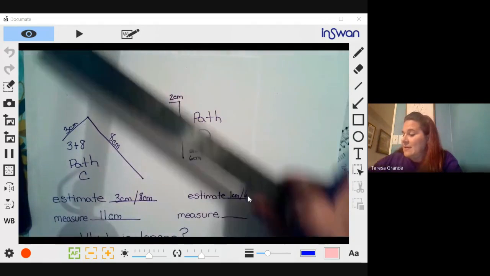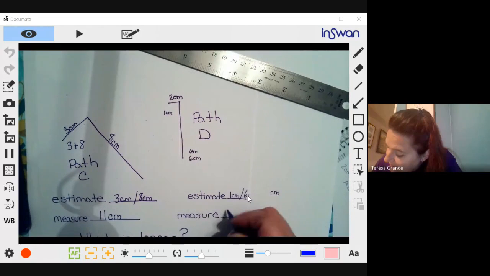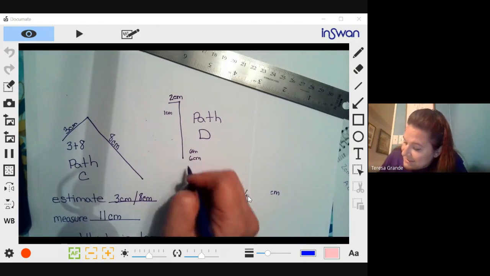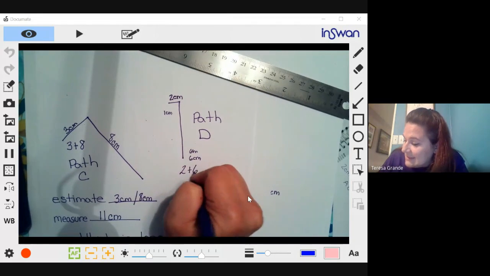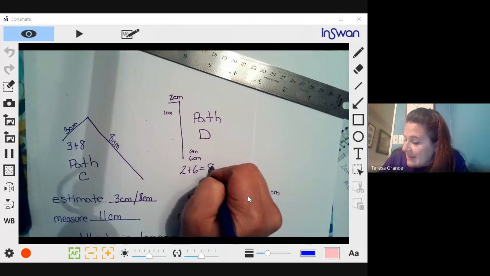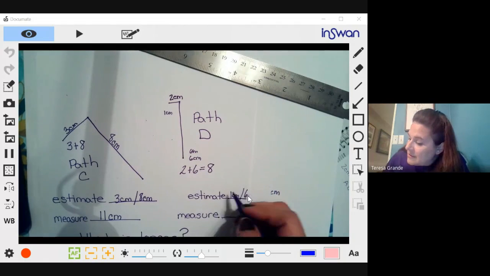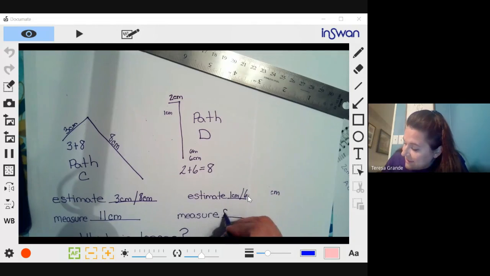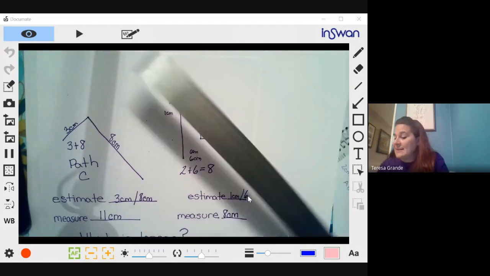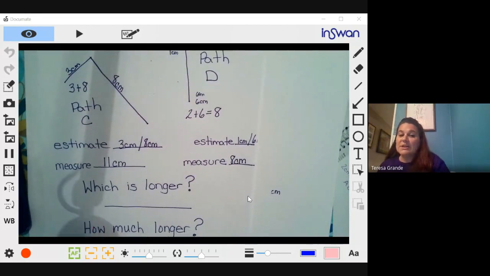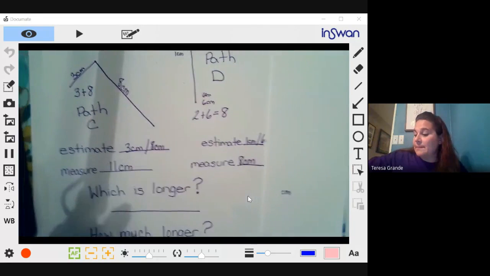Okay. So we have 2 centimeters plus 6 centimeters. 2 plus 6 equals 8. So we have 8 centimeters. The next thing that we have to do is we have to decide which one is longer.